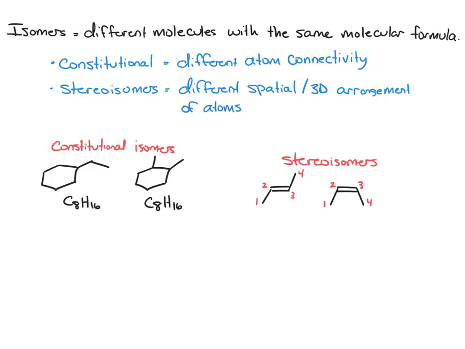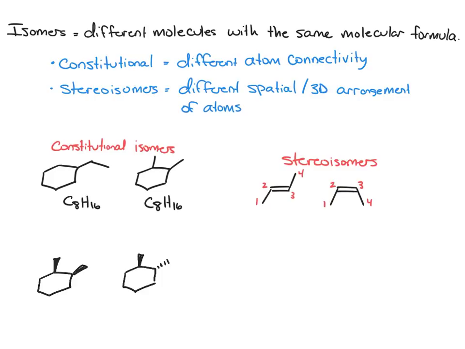All right, and let's actually look at this dimethyl cyclohexane here and give it some three-dimensionality. One option is to have both of these methyl groups pointed out towards us. Another option, let's have one out and one back.